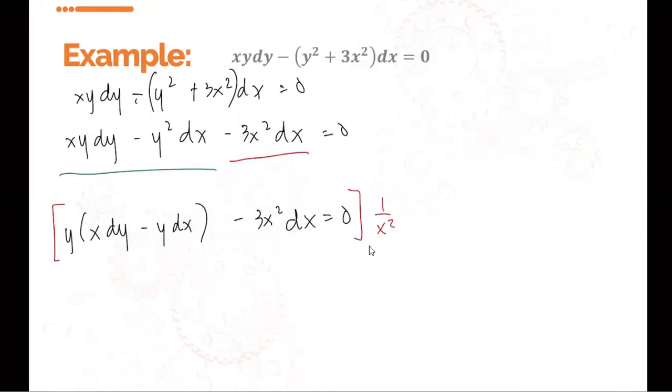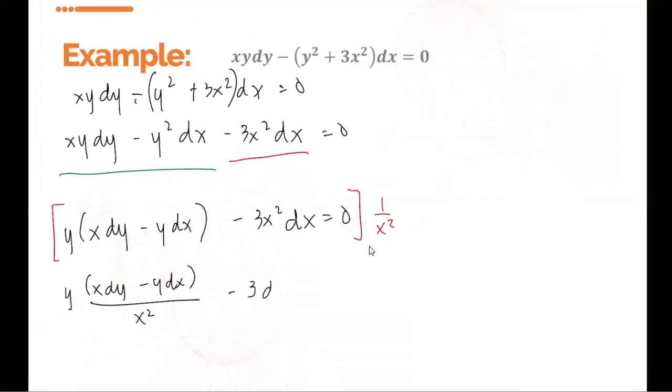Okay, so we have y(x dy minus y dx) over x squared minus 3 times x squared, magka-cancel out, dx equals to 0. So, this will be y d(y over x) minus 3 dx is equal to 0.